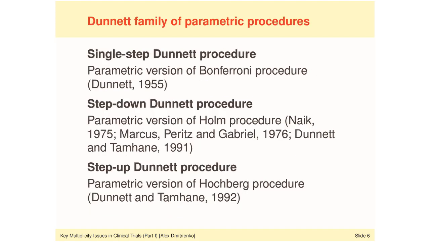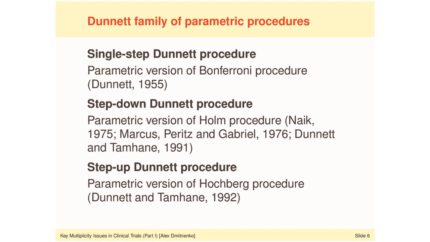In fact, if we look closer at commonly used parametric procedures, we will discover that these procedures are, in fact, extensions to parametric problems of the non-parametric and semi-parametric procedures from Module C. For example, the single-step Dunnett procedure, which Dunnett proposed in 1955, is a parametric version of the basic Bonferroni adjustment.